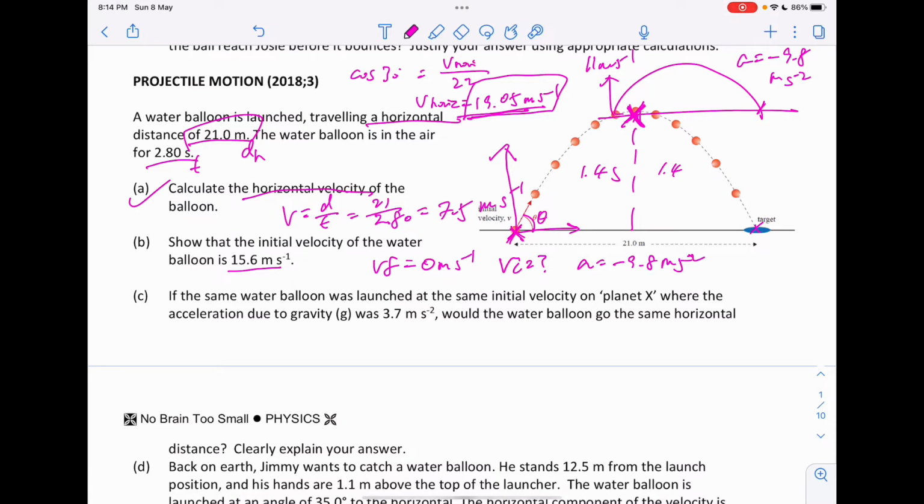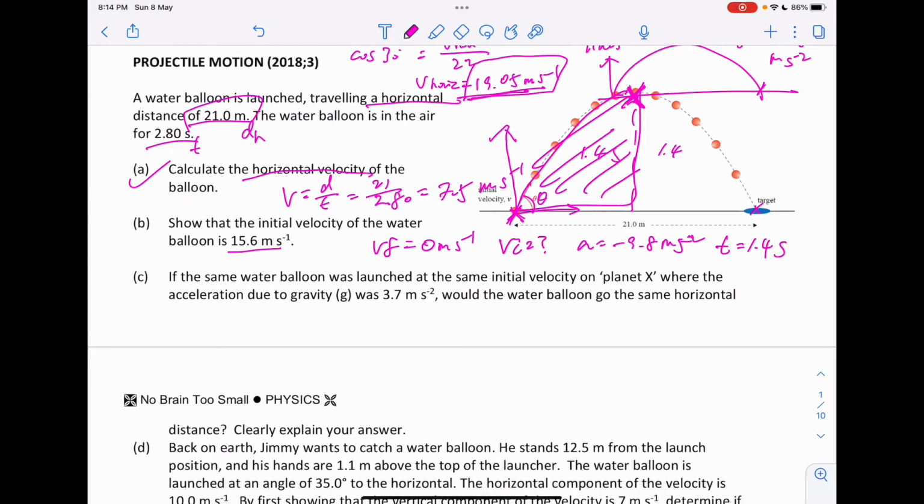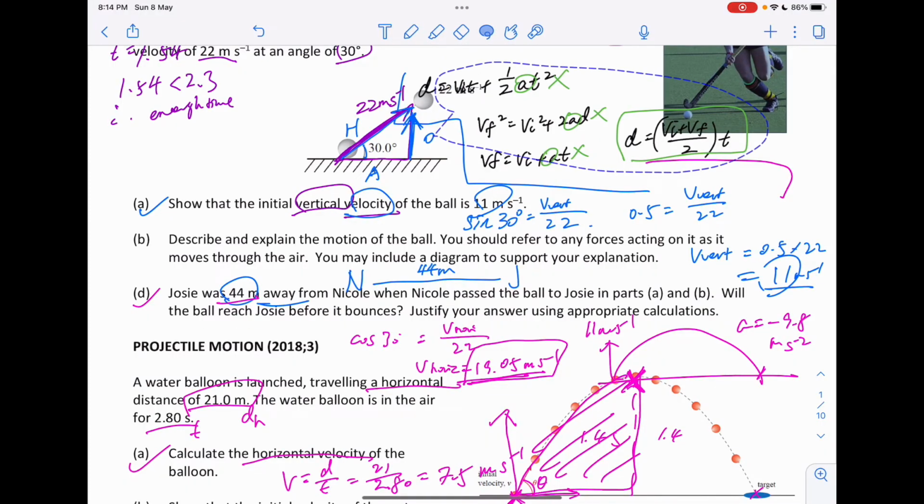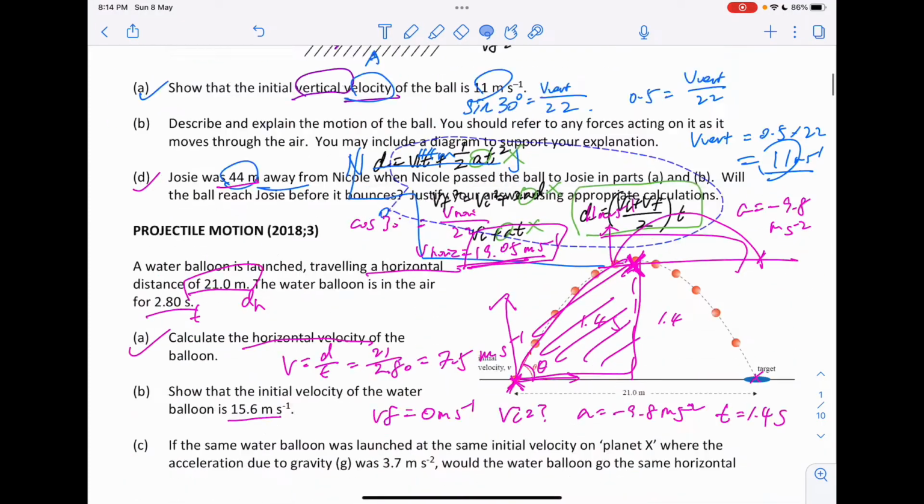Okay. Do we know more about this? We know time. Right, we know time is 1.4 because we're just looking at this section here. What do we have?